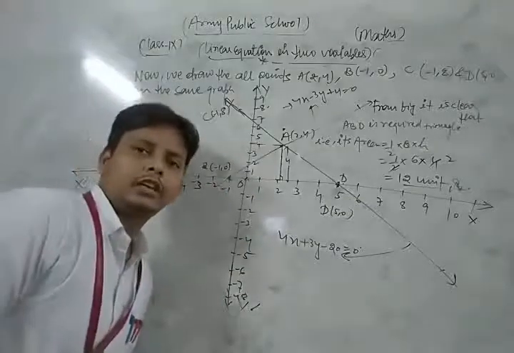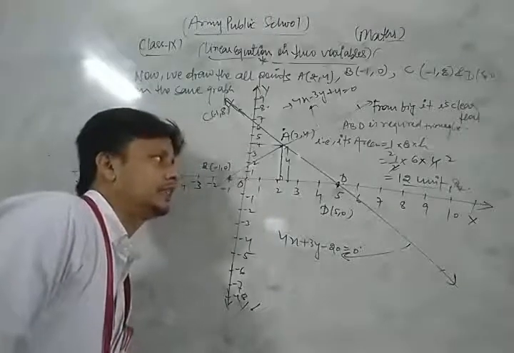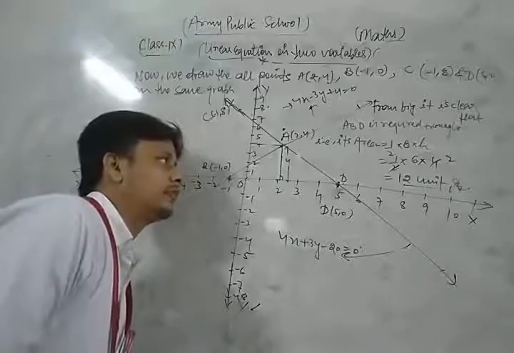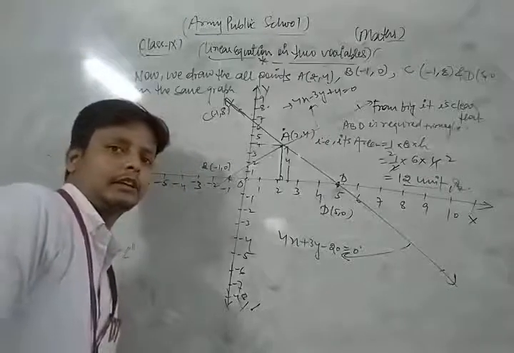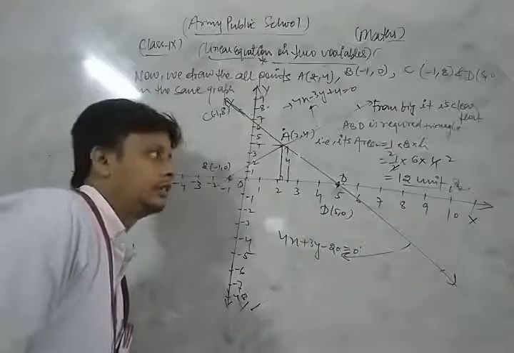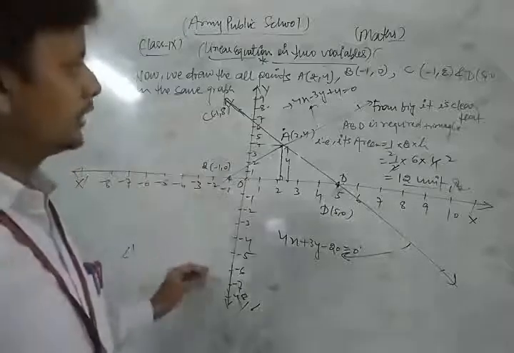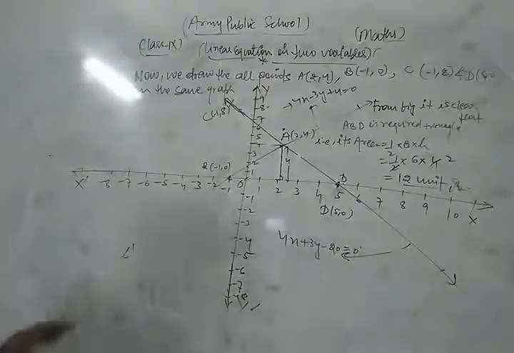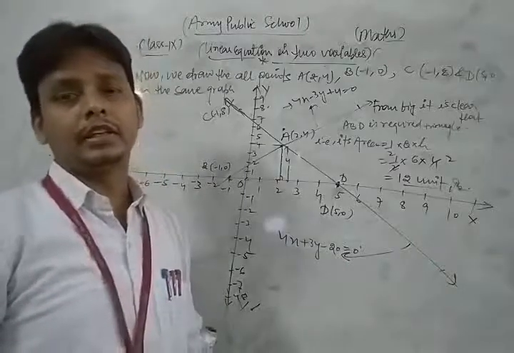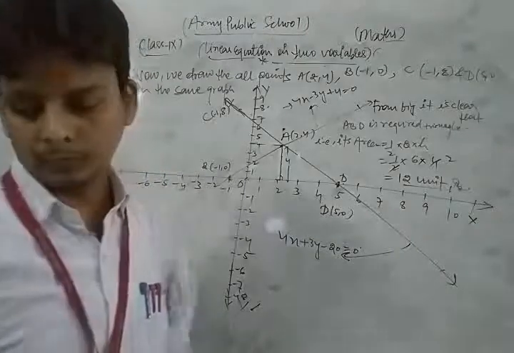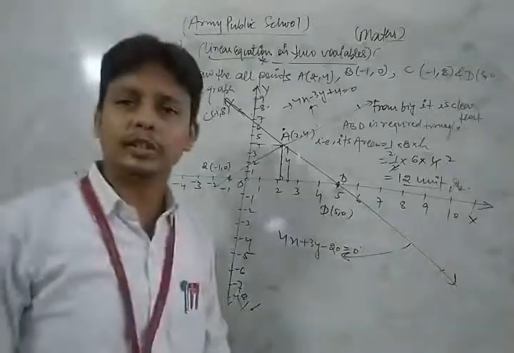After drawing the graph of each line, dear friends, we get a triangle ABD. And what is the process for finding that? We know the formula for the area of a triangle when its base and height are given: 1/2 into base into height.